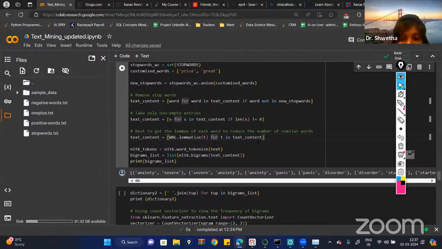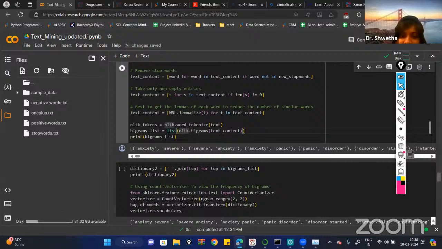WNL.lemmatize of T for T in text underscore content will lemmatize the whole reviews and then tokenize it, then create a bigram. To create bigram, we can again apply the bigram function from nltk.bigrams to text content and then store it in bigrams underscore list. Now, these are all the bigrams which are formed.